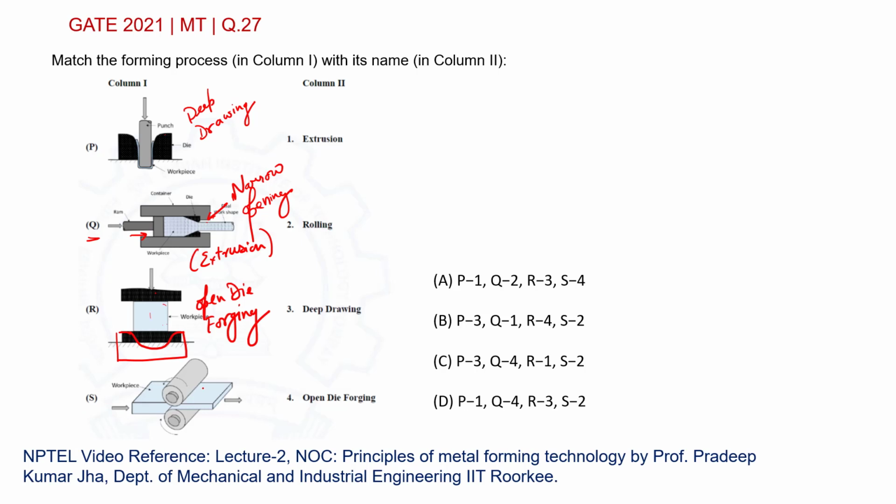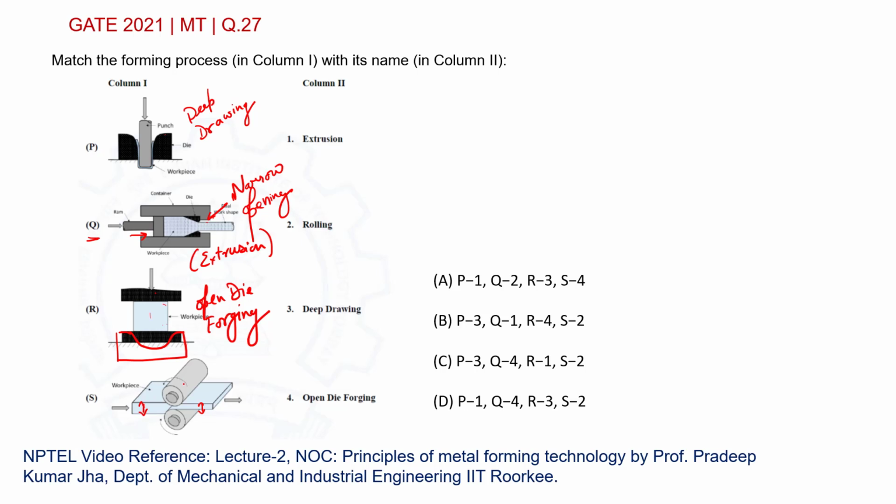Next, you can see two rollers. The workpiece is made to pass through these rollers, and you can observe the change in the thickness of the billet or sheet metal. The workpiece can be cylindrical, a square billet, a rectangular billet, or a sheet metal. So basically it is generally used to reduce the thickness of the workpiece.